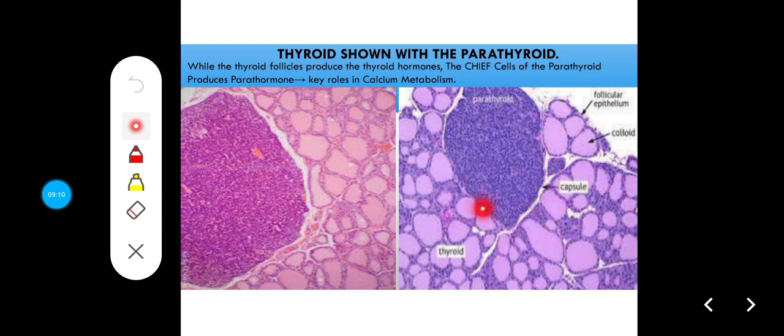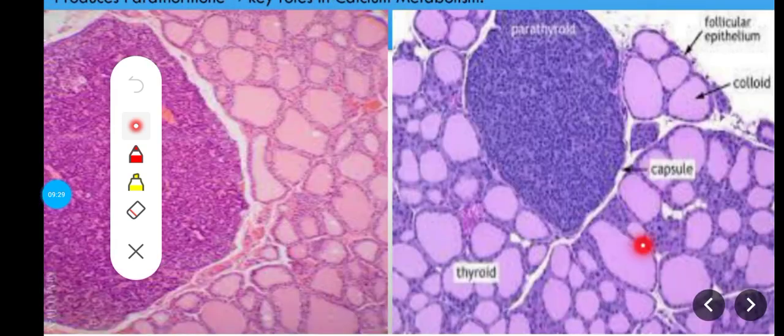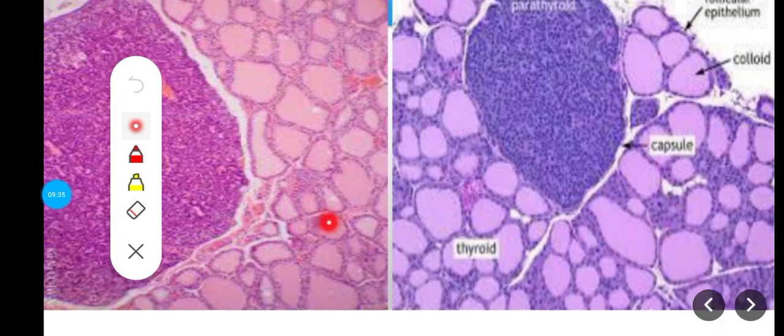So look at this structure that contains numerous cells packed together, suspended within the thyroid gland. See this? So this is the thyroid, and it contains the features we've explained before: the colloids, and then the follicles and parafollicular cells.